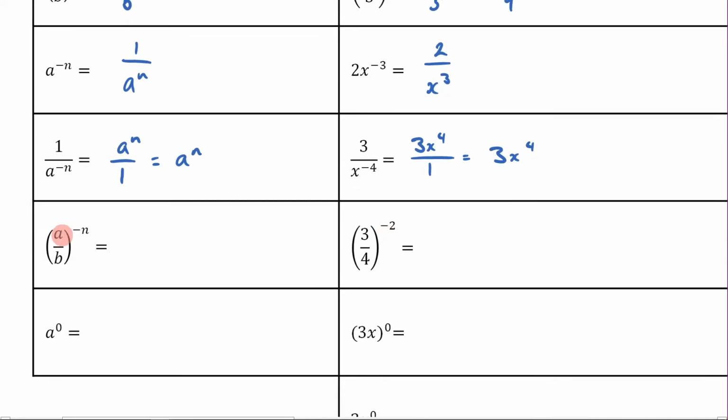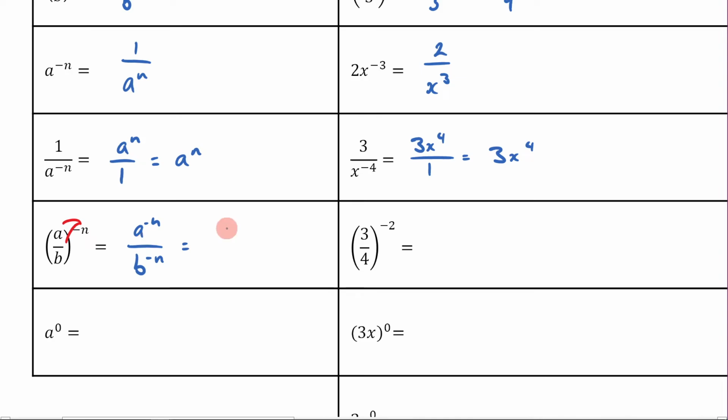Now, if I've got something like this, this is kind of combining this law with this law. So what we're going to do here is distribute out this negative n. So that means it's going to become a to the negative n over b to the negative n. And then I can take the reciprocal, and that will mean that the signs will swap.